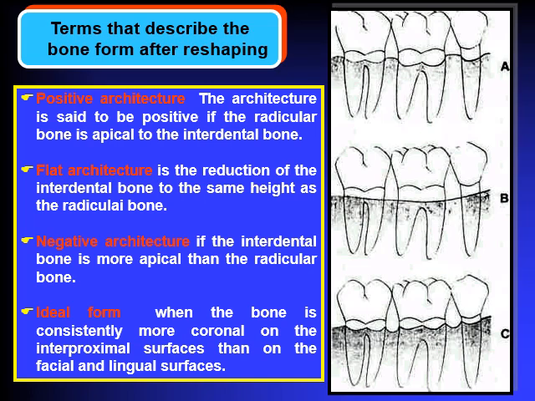This is the reverse of the positive architecture, which you see in A. A and C are the reverse of each other. While flat architecture is the reduction of the interdental bone to the same height as the radicular bone.